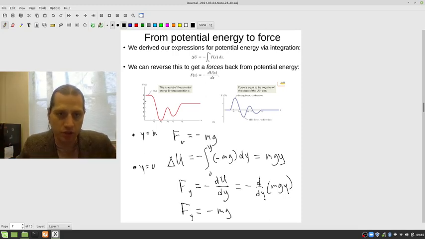So, for instance, here's a nice drawing where, again, we have our drawing of a roller coaster. Keep in mind that if this were a roller coaster, its height would have to be divided by 9.8 to make this a height on that axis. But that's a detail. So here you have the potential energy versus x. How does this translate to the amount of force that's causing this to go forward?